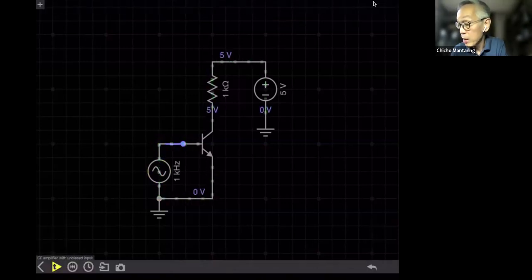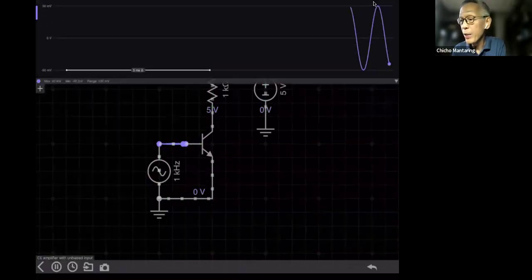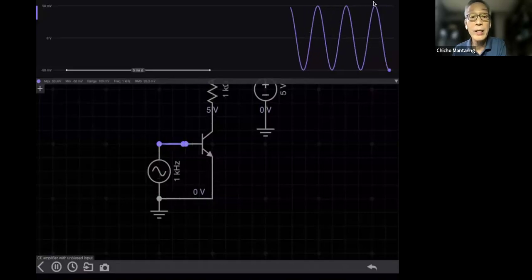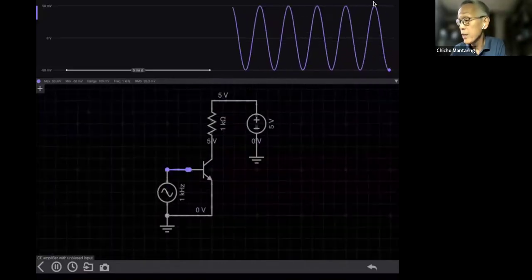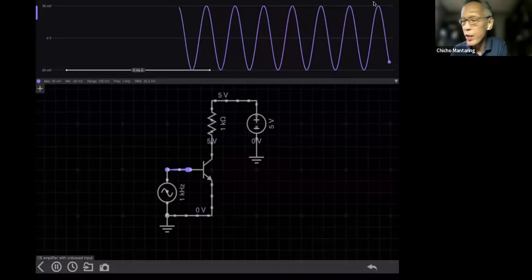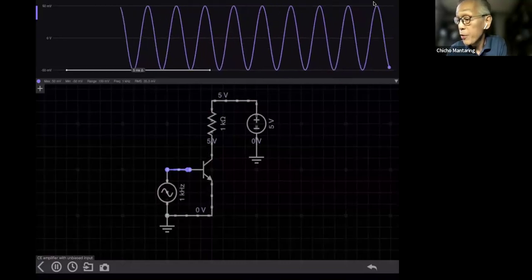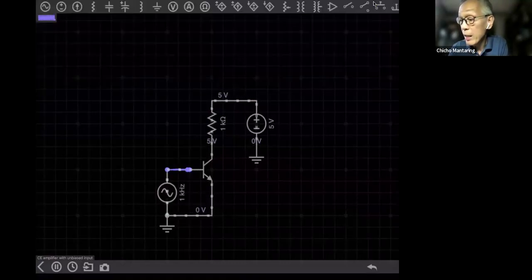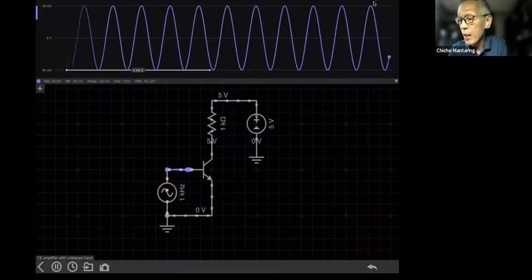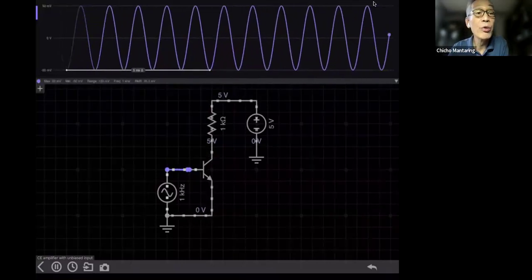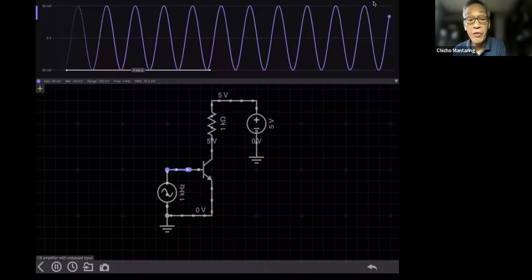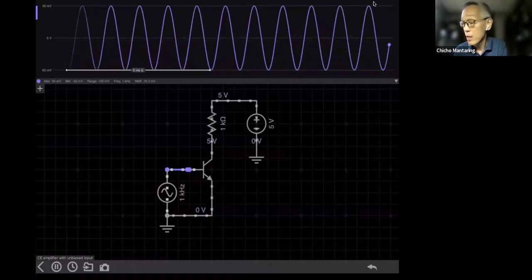Let's take a look at what that signal looks like. That's what the signal will look like. It's a sinusoidal voltage, from negative 50 millivolts to positive 50 millivolts.